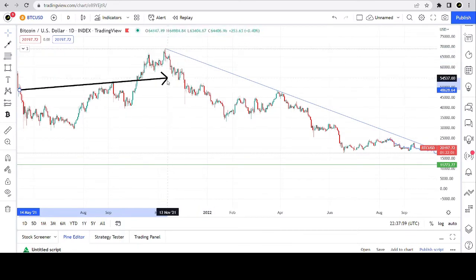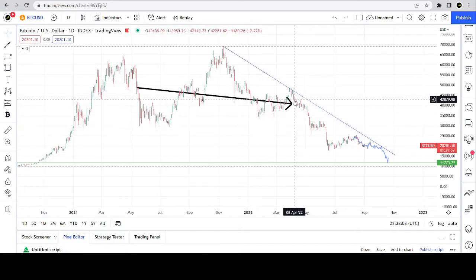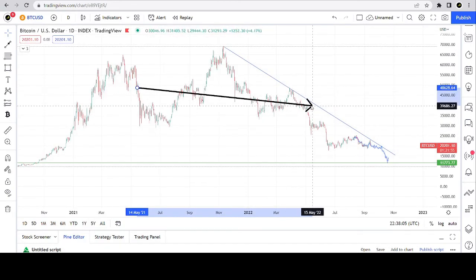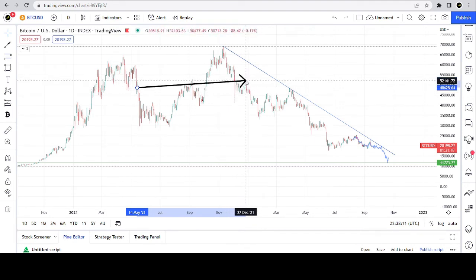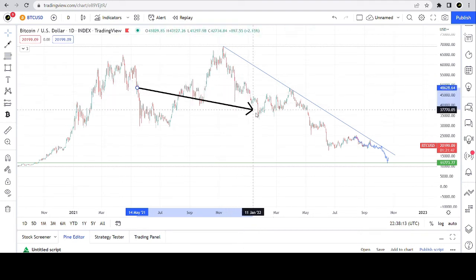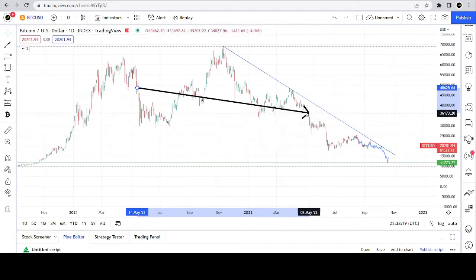On the decline, it drops, goes sideways, drops again. On this decline, it does the same thing. It drops, goes sideways, drops again. Here we see it goes sideways. In fact, it actually goes down a little bit, goes up, and then drops down. This one does the same thing, goes down a little, goes up, and then drops again.